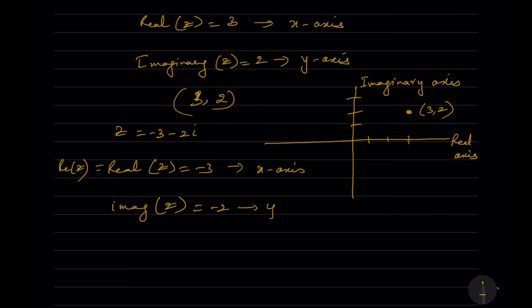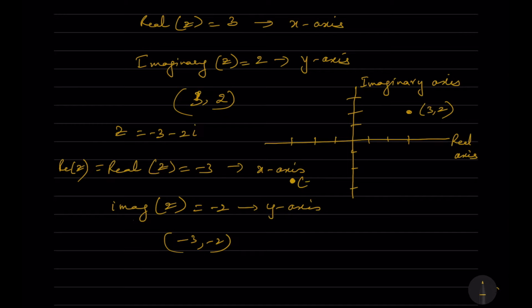This is represented on the y-axis. So the point which we have to mark on the Argand plane is (-3, -2). How is this represented? This is 1, -1, -2, -3, and this is -1, -2, -3. So (-3, -2) is somewhere over here.